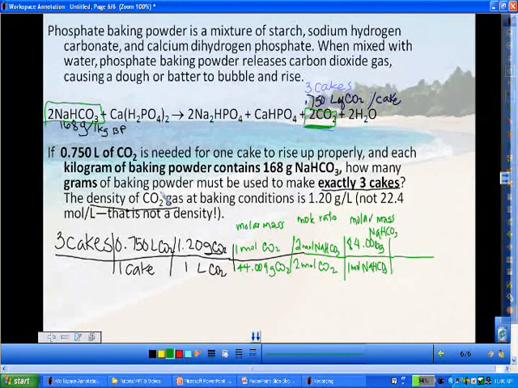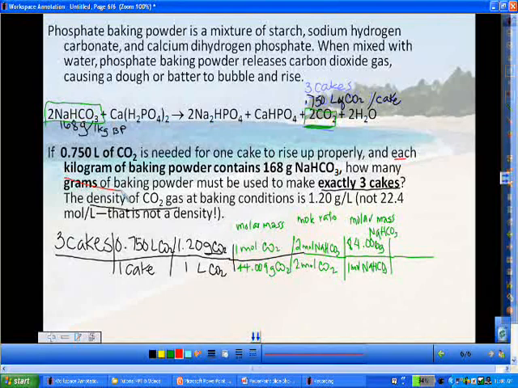But it's asking how many grams of this baking powder must be used, and so we're not stopping at the grams of sodium hydrogen carbonate, but we're going to use this other conversion factor. We know that there's 168 grams of sodium hydrogen carbonate per 1 kilogram of baking powder. So for this last step, we're going to use the conversion factor that's given to us here.